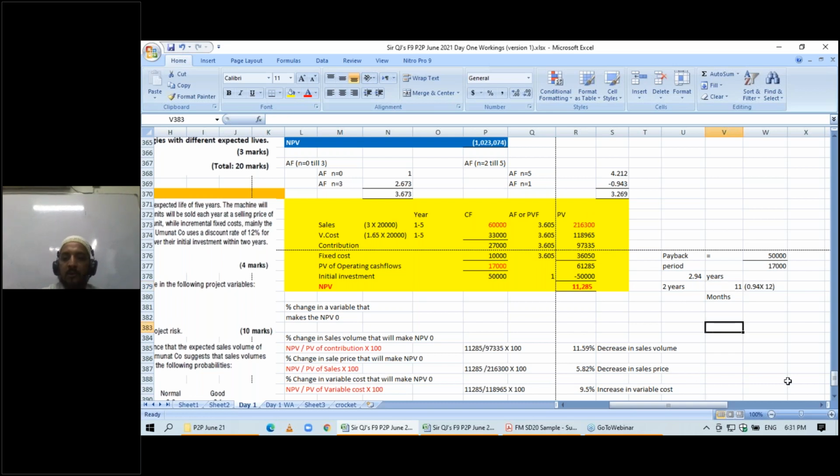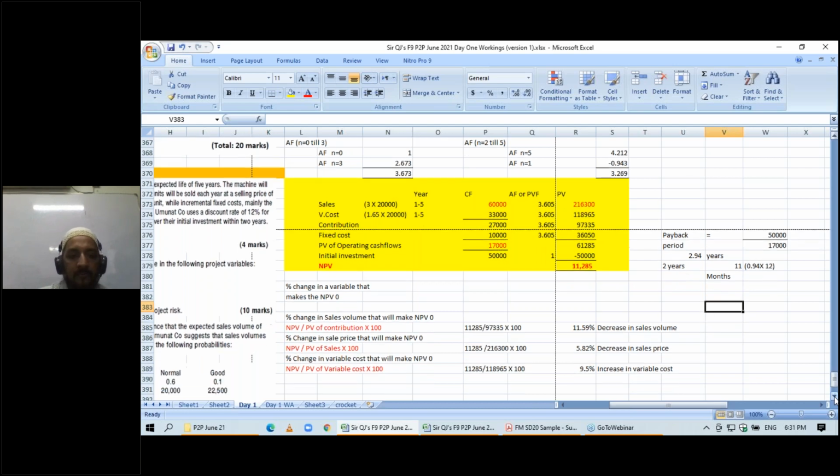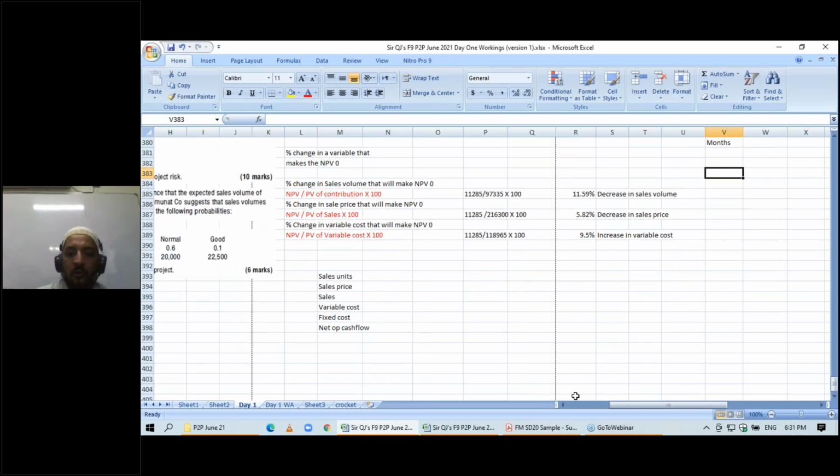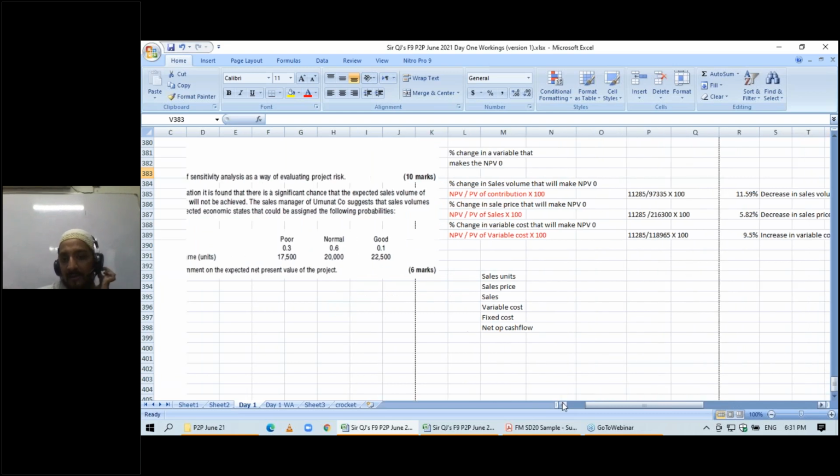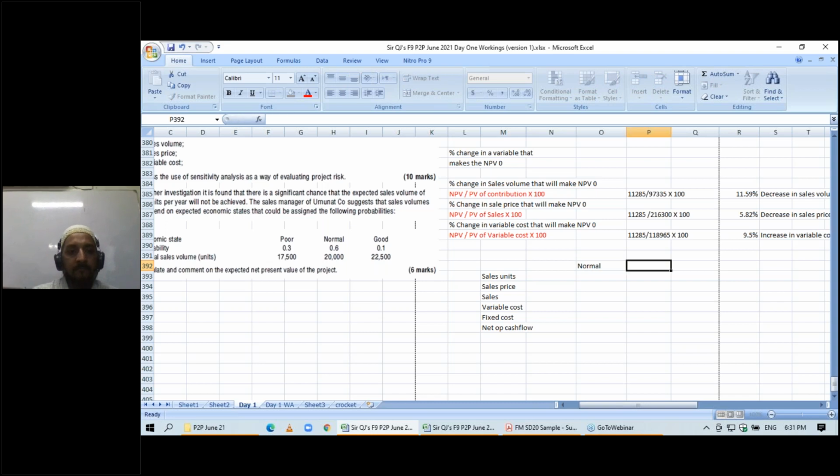Okay. So let's move on to the expected value calculation. So what they say, that there are 3 situations: poor, normal, and good. 3 possibilities.